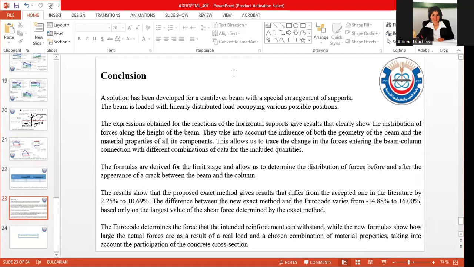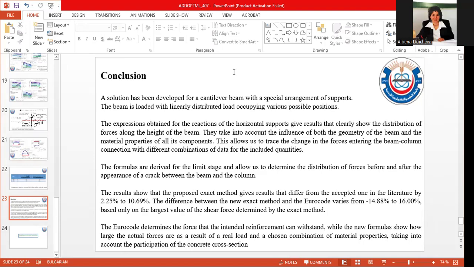Conclusion. A solution has been developed for a cantilever beam with a special arrangement of supports. The beam is loaded with a linear distributed load, occupying various possible positions. The expressions obtained for the reactions of the horizontal supports give results that clearly show the distribution of forces along the height of the beam.